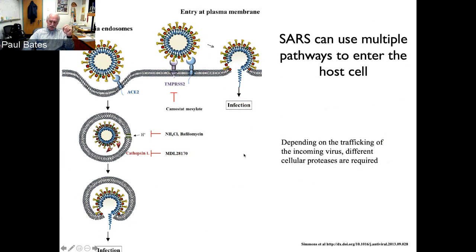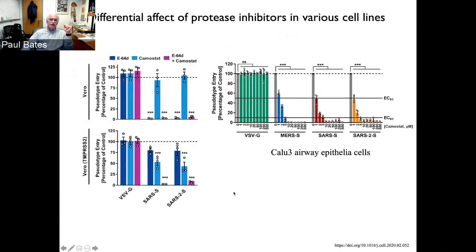And really, as shown in the next slide, the results you see are dependent on the cells that you use. This is, again, some data from Stefan's recent paper. What he shows here is that Vero cells don't express TMPRSS2. If he makes them express TMPRSS2 or looks at the control, in the control cells, if you use an inhibitor of cathepsins, E64D, you can see very efficient inhibition of infection by SARS and SARS-2.